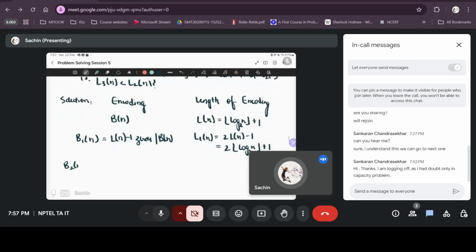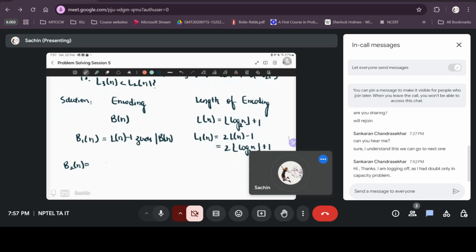Then if you do the next iteration, alias2 coding, sorry, instead of using L of n minus 1 zeros to tell you the length of the binary number, you do alias1 coding on the length of the binary number and prefix that.